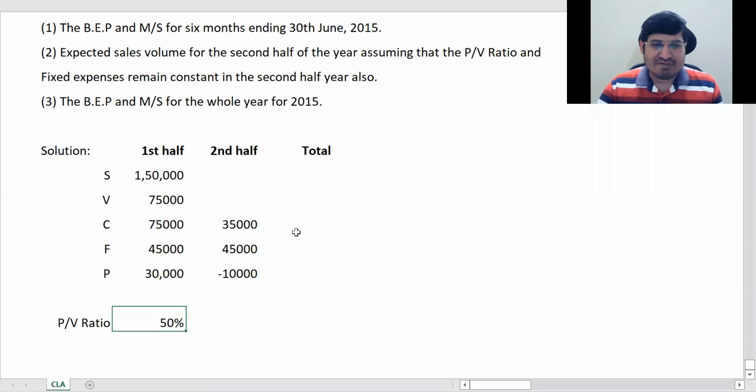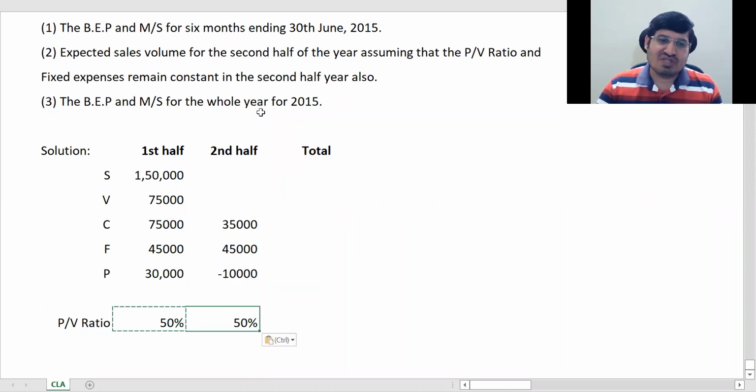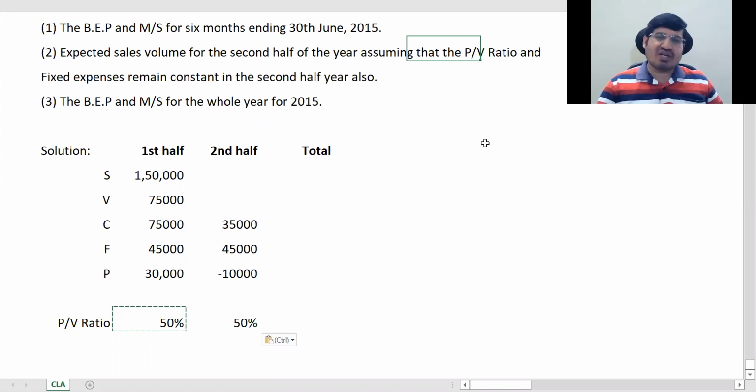Now this PV ratio will hold good for the second half also, as it was told that it is constant. And normally PV ratio will remain constant, for various quarters also.